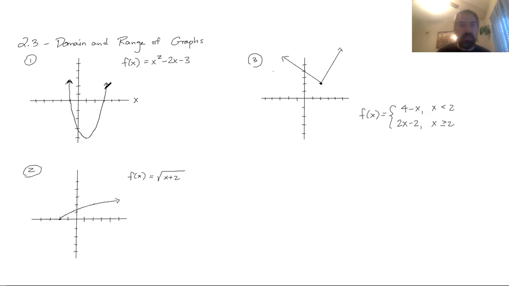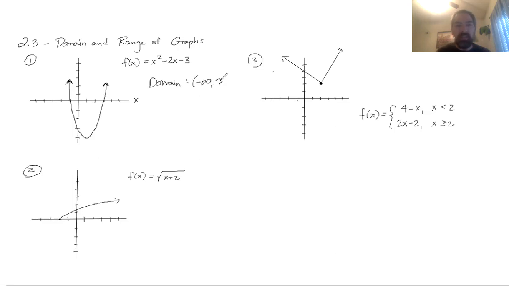So we put these arrows, meaning that it keeps going to the left and to the right. There's no restriction on what the domain can be. There are no holes, no jumps, no asymptotes. This is a clean, nice, well-behaved function. And so the domain for this case is all real numbers.